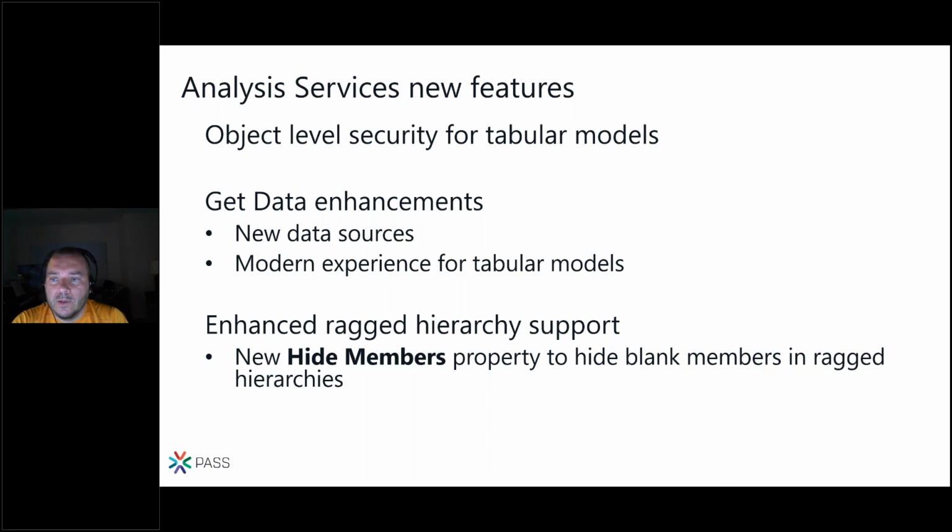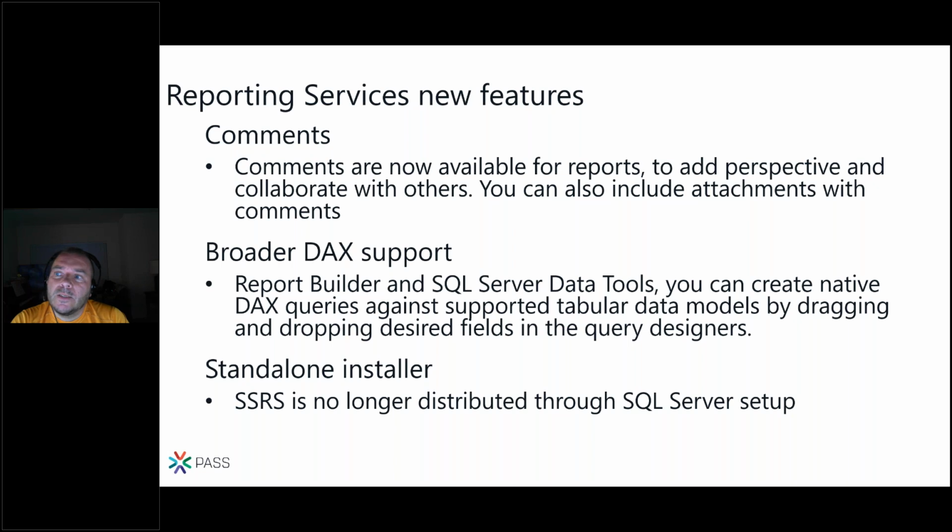It's something that customers were looking for. So when you are running a report using tabular mode as a data source, we are hiding those leaves that don't have data.